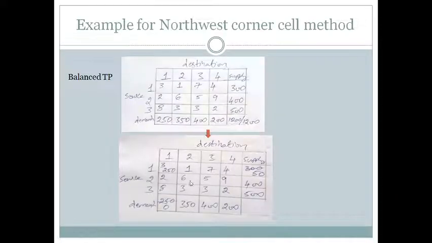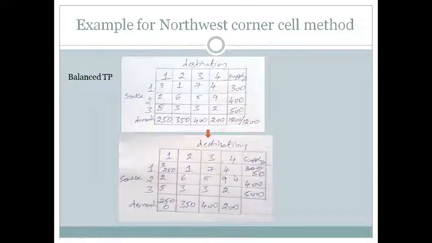After doing this, we now have the demand value as 0 for the first column. Any column or row whose demand or supply becomes 0 after performing this subtraction, you need to delete that particular column or row.